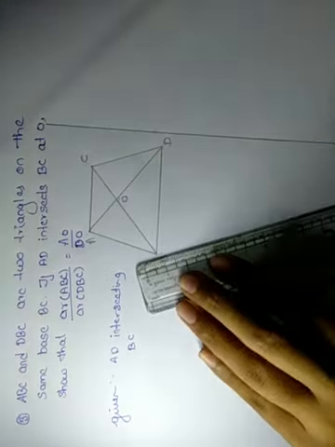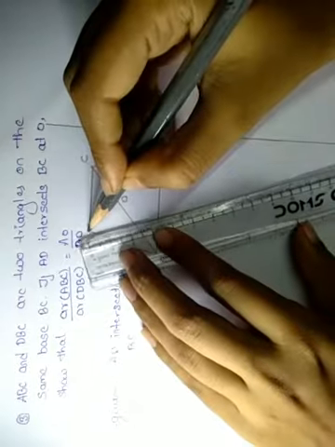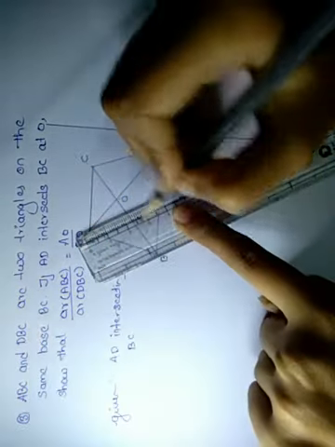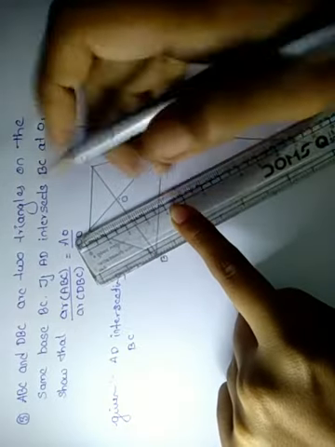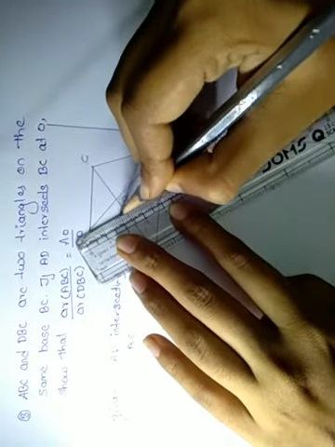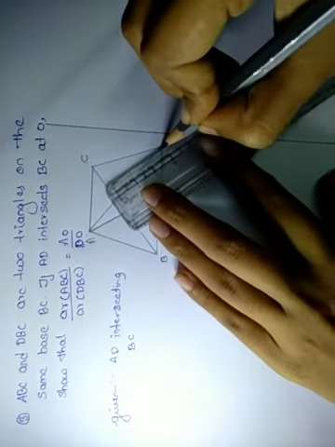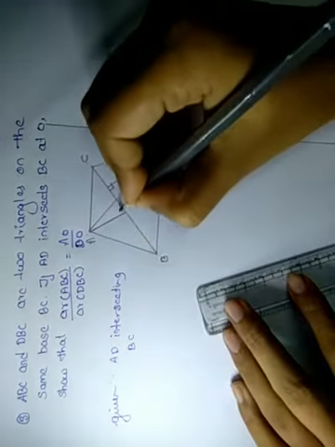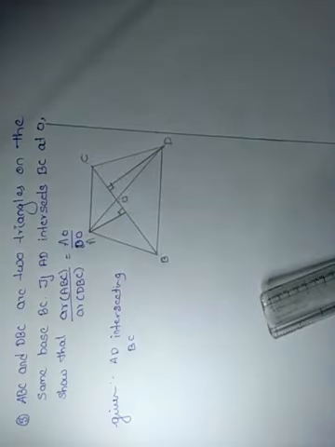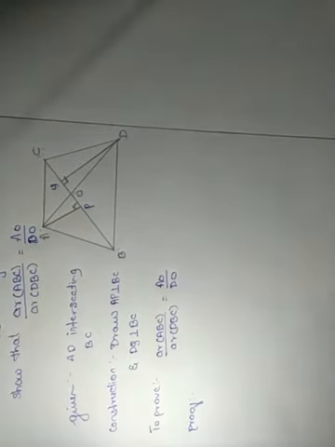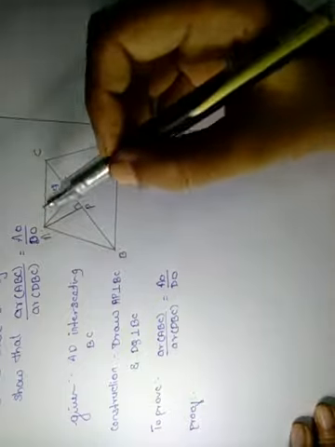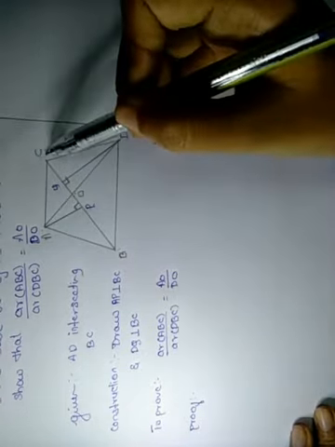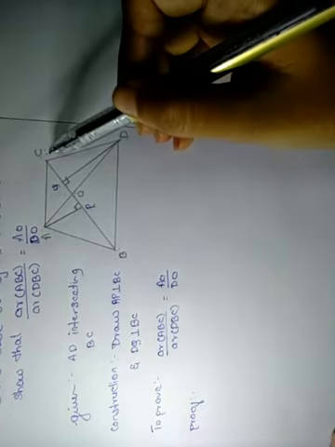The construction is, I am going to draw a line from point A perpendicular to BC, and here also the same, I am going to draw the line perpendicular. This is 90 degrees and this is also 90 degrees. Here I have written the construction. We drew AP perpendicular to BC and DQ perpendicular to BC.